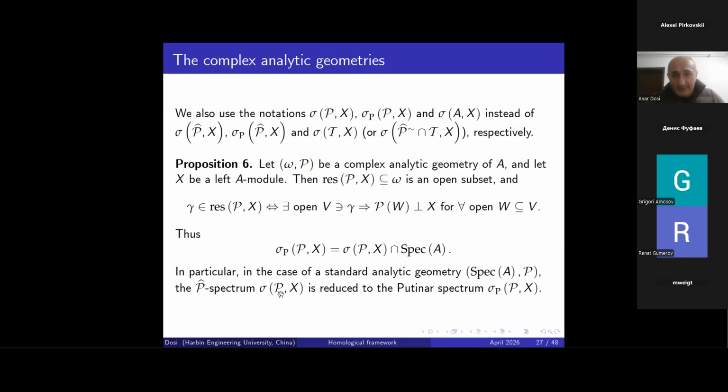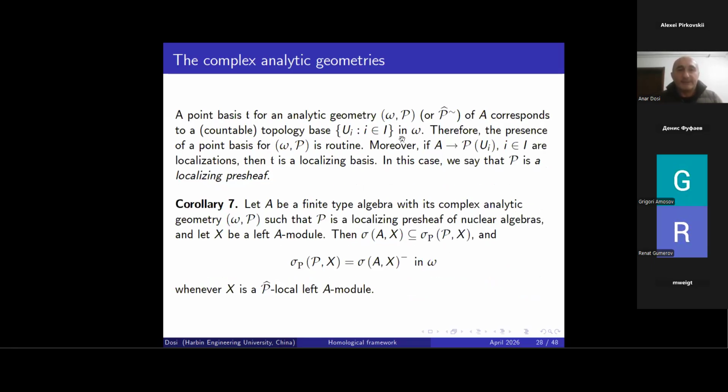But in the case of the standard analytic geometry model, like omega equals spec, the spectrum is actually reduced exactly to the Putinar spectrum, nothing else. So that's the point. In general, pictures show that omega can be something larger than spec, but you have a spec here. If you restrict to characters, we end up with something familiar like the Putinar spectrum.